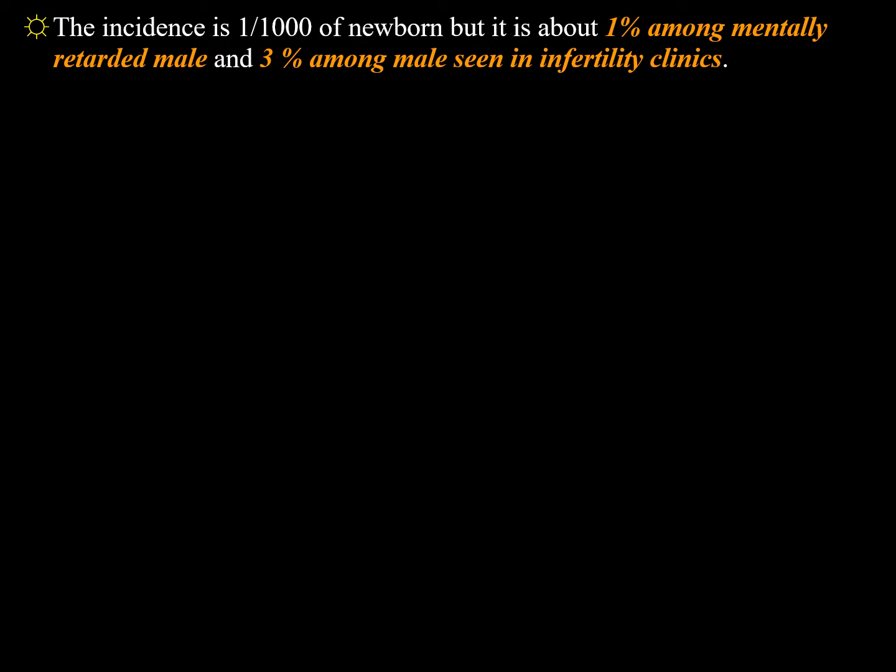Now we come to Klinefelter syndrome. The incidence is 1 in 1000 newborns, about 1% among the mentally retarded and 3% among males seen in the infertility clinic. The general incidence is 1 in 1000, but in a mental hospital or a group of patients with mental retardation the incidence is 1%, which means this is a good cause of mental retardation.